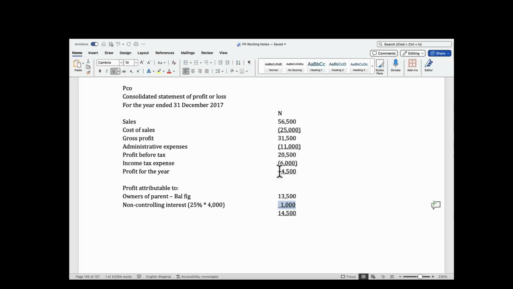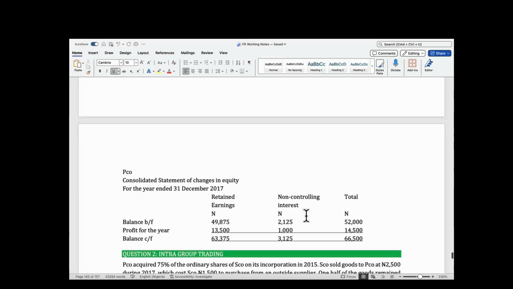So we are now saying out of this 14,500, the NCI got 1,000. The balance is 13,500, which is that of the parent. So of course, when you sum the two together, it still comes to the 14,500. Understood? Yes, thank you, sir.